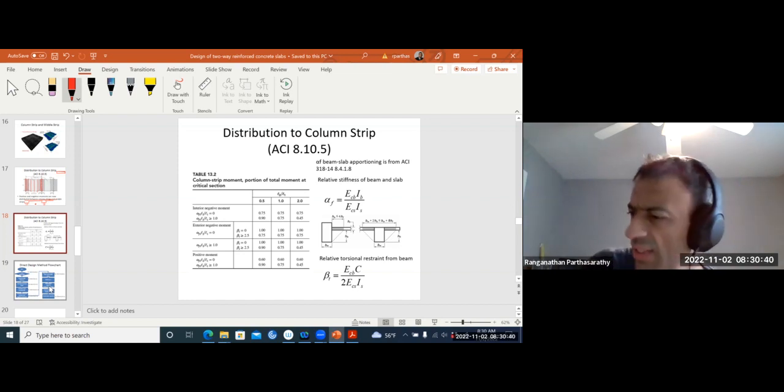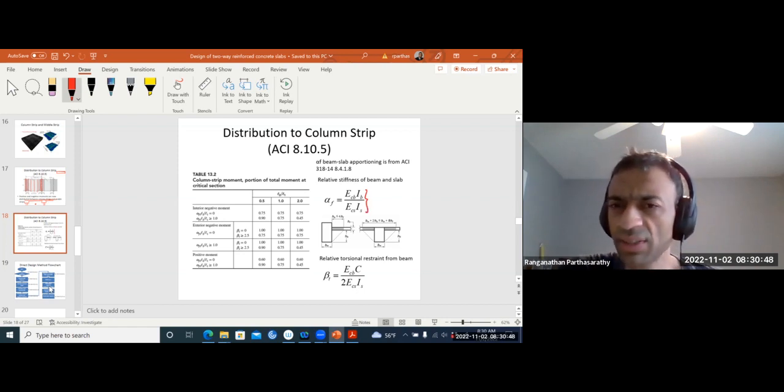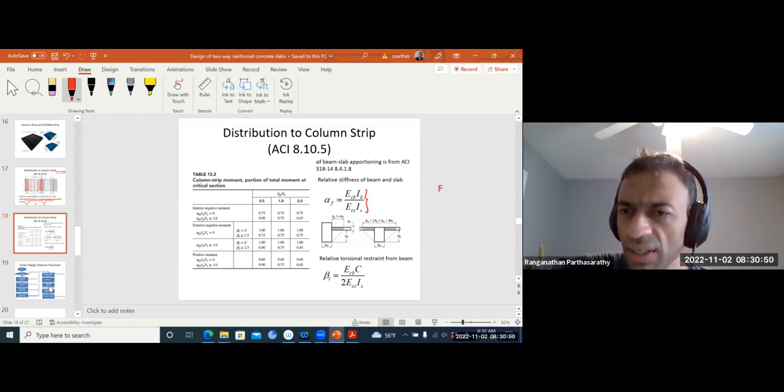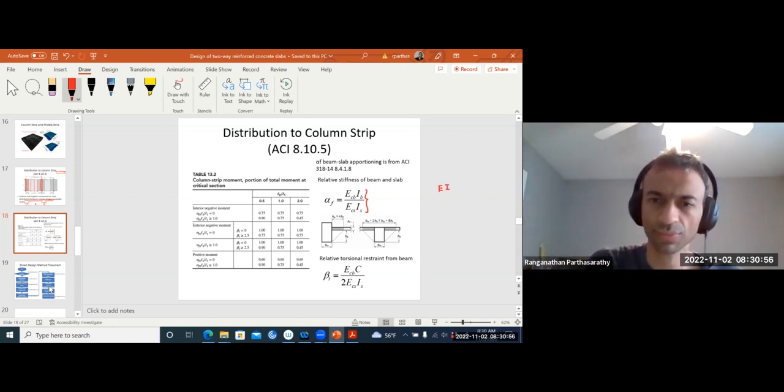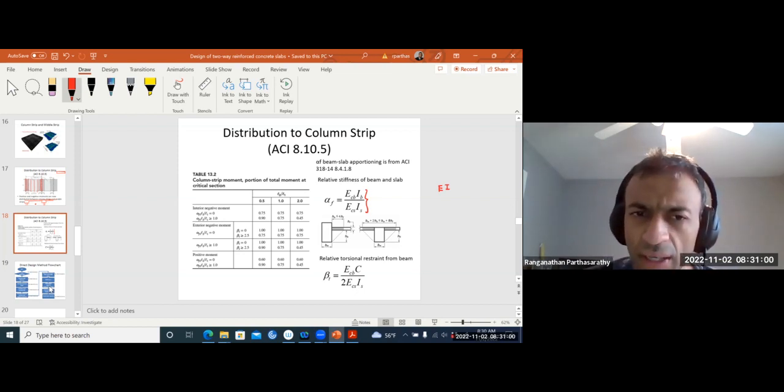As you can see here, this is the beam flexural stiffness divided by slab flexural stiffness. If you recall, EI is the flexural stiffness. No, EI by L, but L is the same.